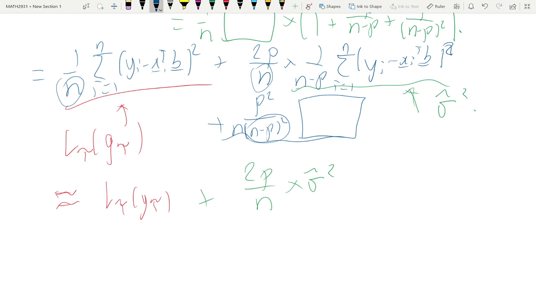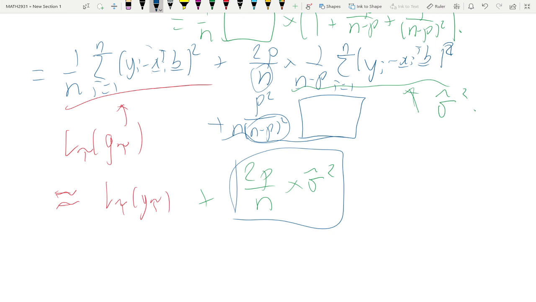Oh wait, no, let me rephrase that. Because in this 2p over n, this is only power 1, whereas if you look at this, it will be power 2, so power 2 will be insignificant relative to this thing.